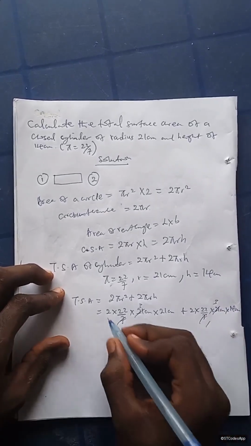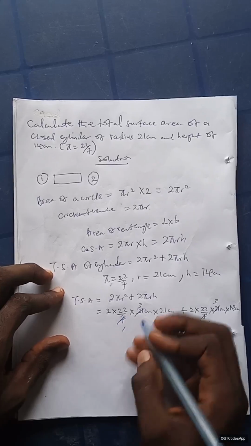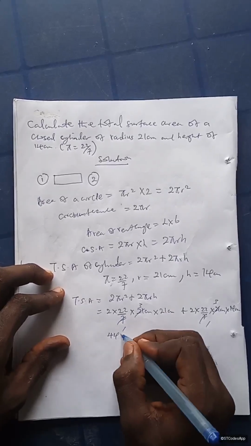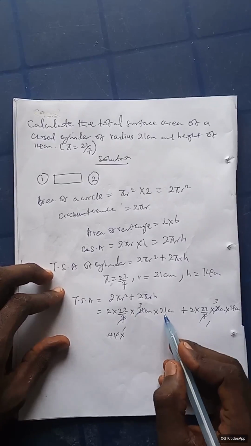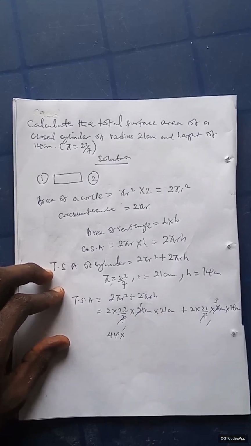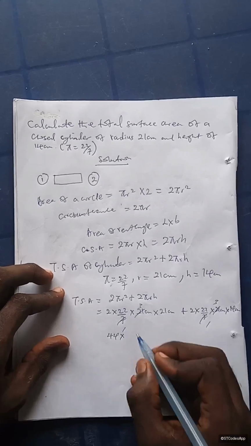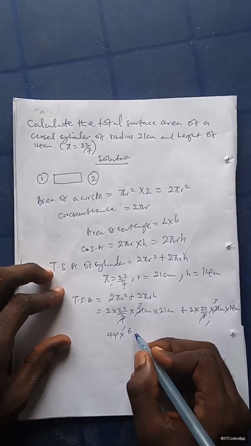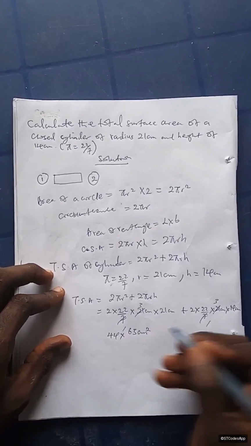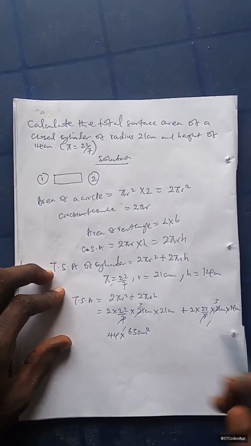So let's multiply this. I'm going to have 2 times 22, that gives us 44, times 3 centimeters times 21 centimeters. 3 times 21 will give us 63 centimeters squared, since centimeter times centimeter gives centimeter squared.